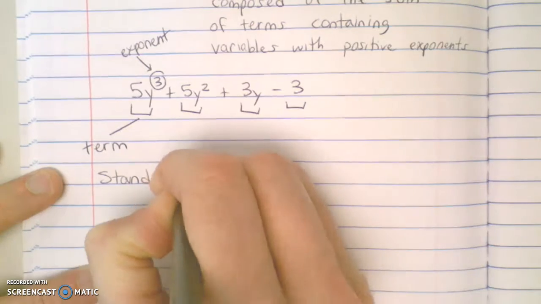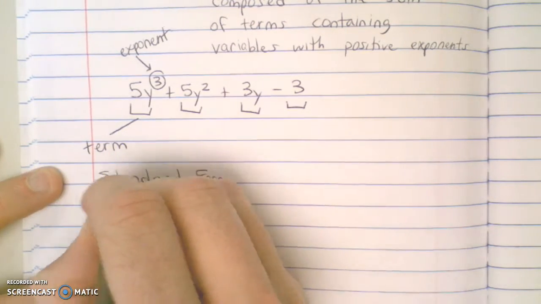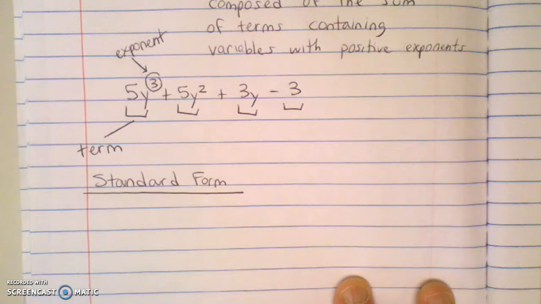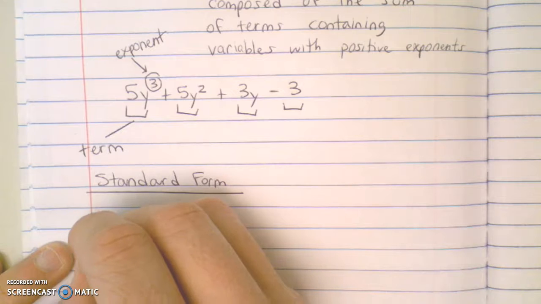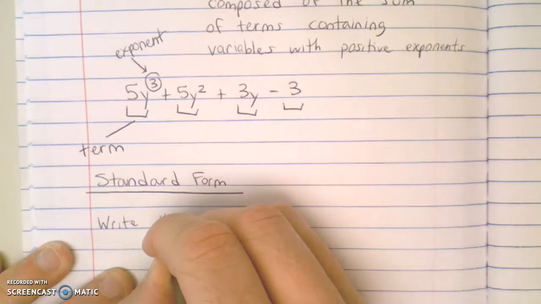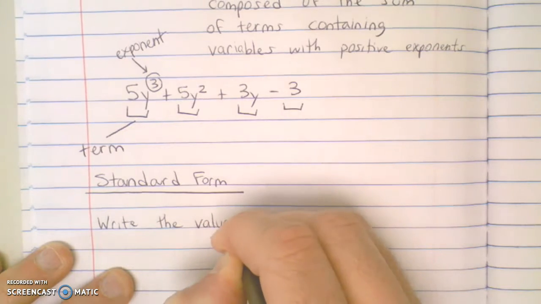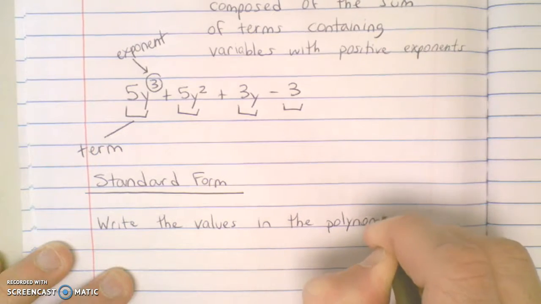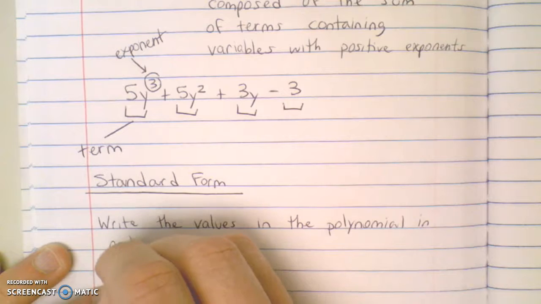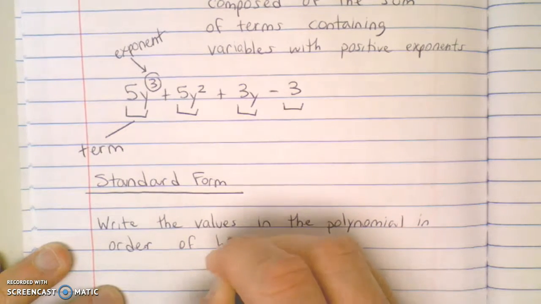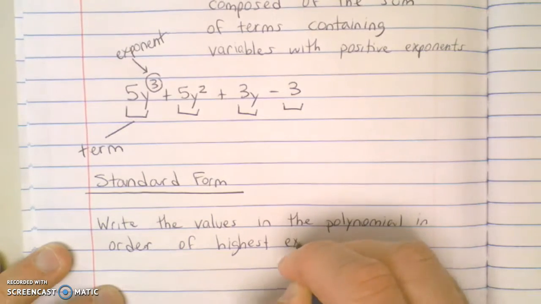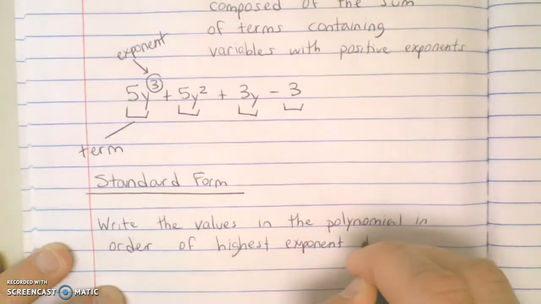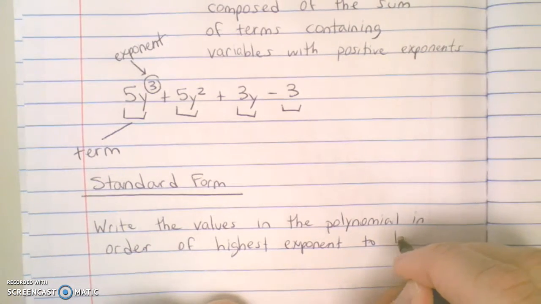So polynomials are written in a certain format, and the standard form for polynomials is where you write the polynomial, or the values in the polynomial, in order of highest exponent to lowest exponent.